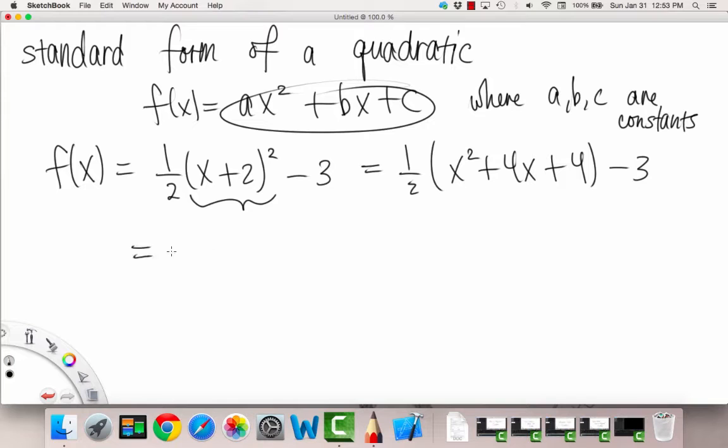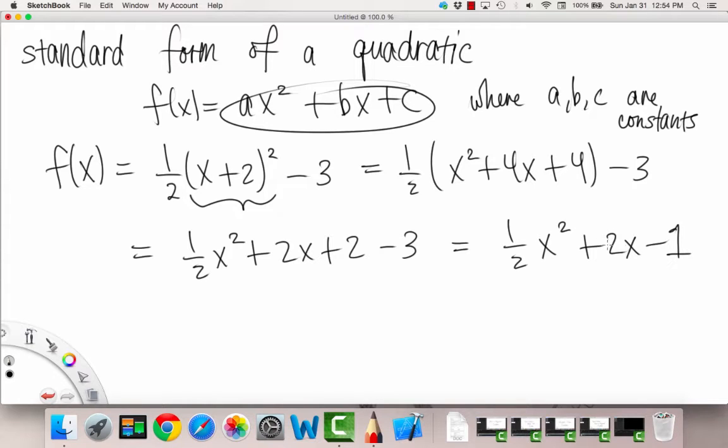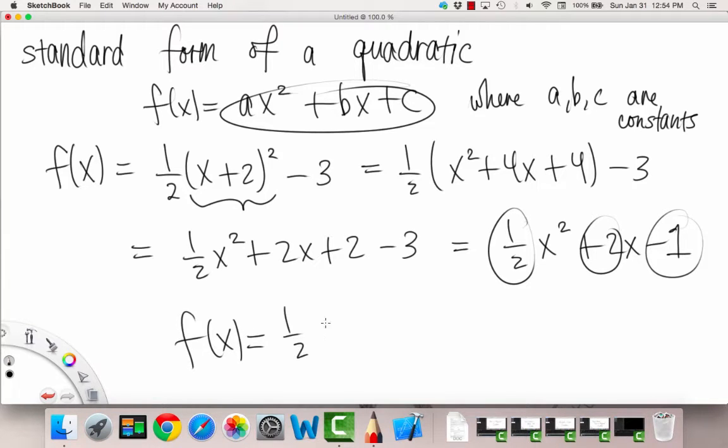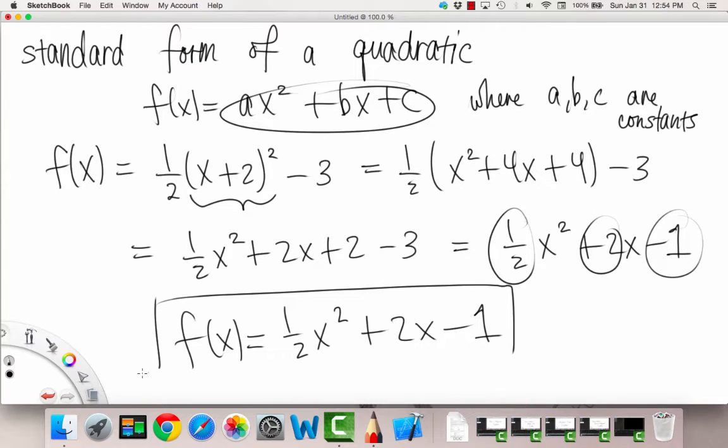Then when you distribute that 1/2 in, we get 1/2 x squared plus 2x plus 2 minus 3. So this is ultimately 1/2 x squared plus 2x minus 1. And there it is. This is our a, that's our b, and this is our c. So finally we get the standard form of our quadratic: 1/2 x squared plus 2x minus 1. And that completes the second part of our question.